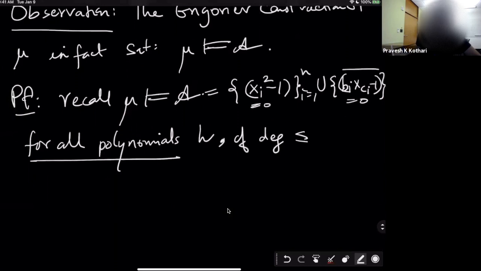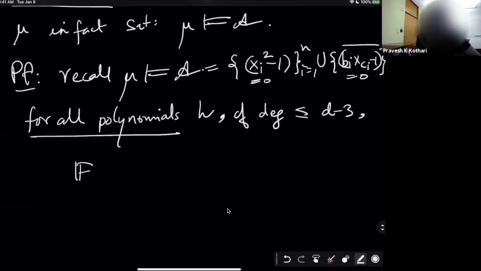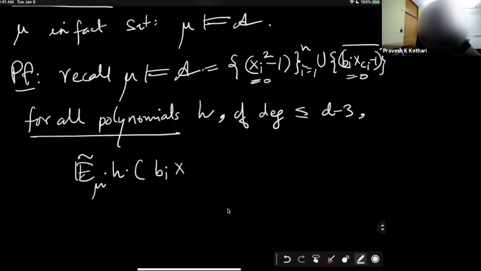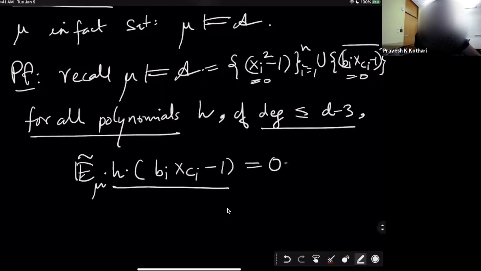So for all H of degree at most, let's say D minus 3, it should hold that the pseudo expectation of H times b_i x_{C_i} minus 1 should be 0. Do you all agree that this is the definition we made at the beginning of the class today, specialized to this equality case? And this is literally what it means, right? This degree bound is simply saying that the degree of this polynomial that I'm taking the pseudo expectation of is at most D, right?